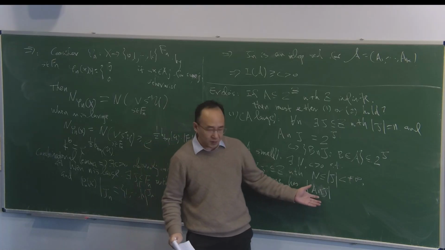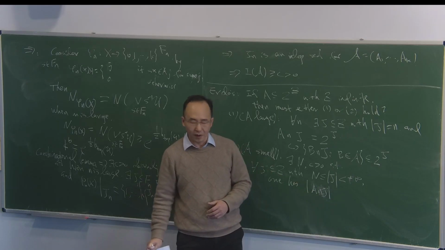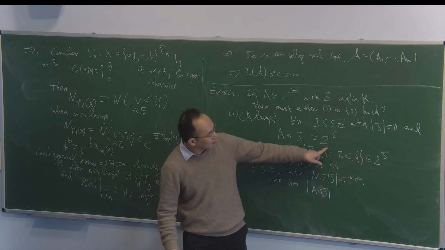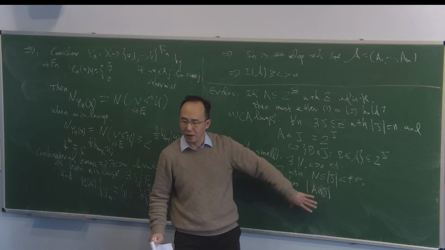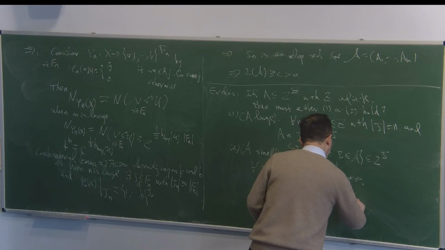You get a bunch of subsets in J. So restrict everything of A inside of J. Then it's kind of the opposite: in this situation you get everything, here you get very, very few, in the sense that it actually has polynomial growth. So this will be at most the size of J to the C.